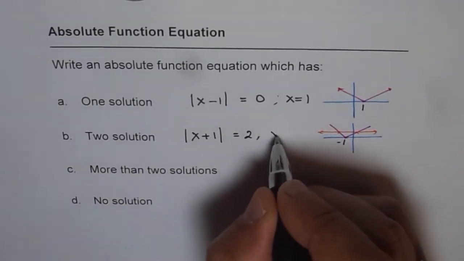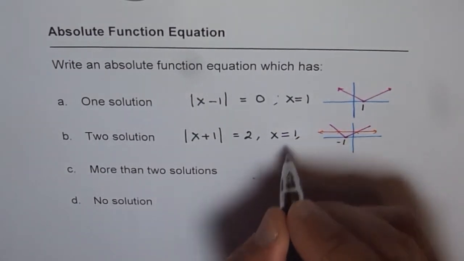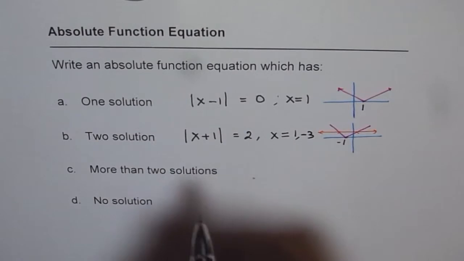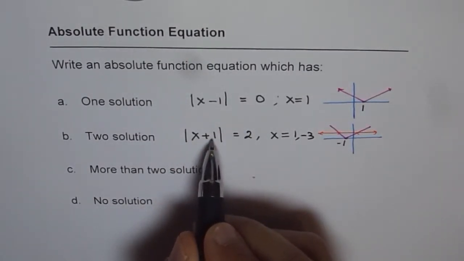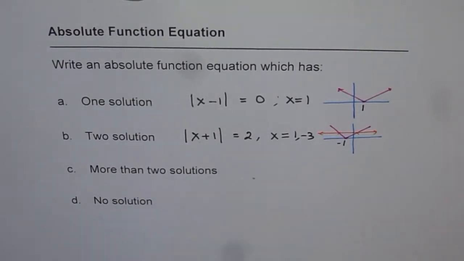So we get two solutions, which are x equals 1 or minus 3. If I write minus 3 here, minus 3 plus 1 is minus 2, and the absolute value of minus 2 is indeed 2. So that is how we can get two solutions.